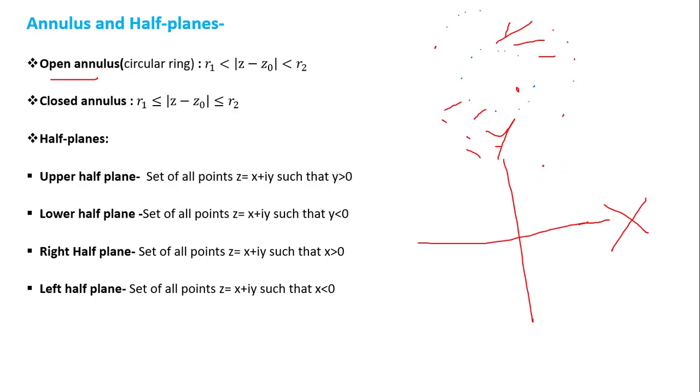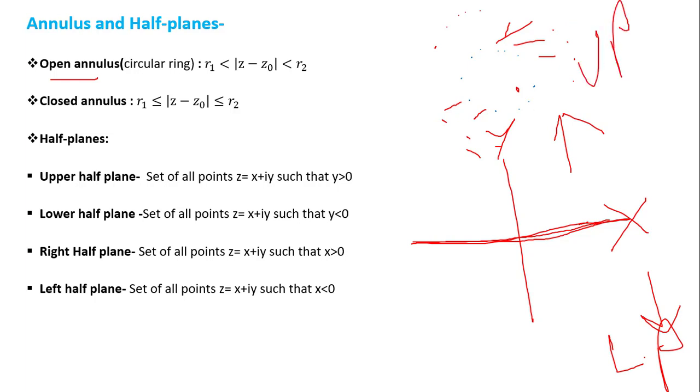Any point on this plane, I can say there are four parts: upper part, which is above this line, lower part, right part on this side, and left part on this side. Very simple. So we can divide it into four parts: upper part, lower part, right part, and left part.